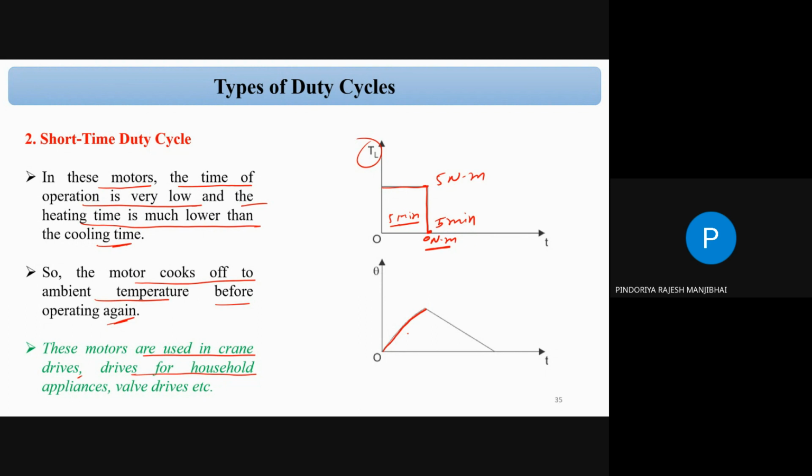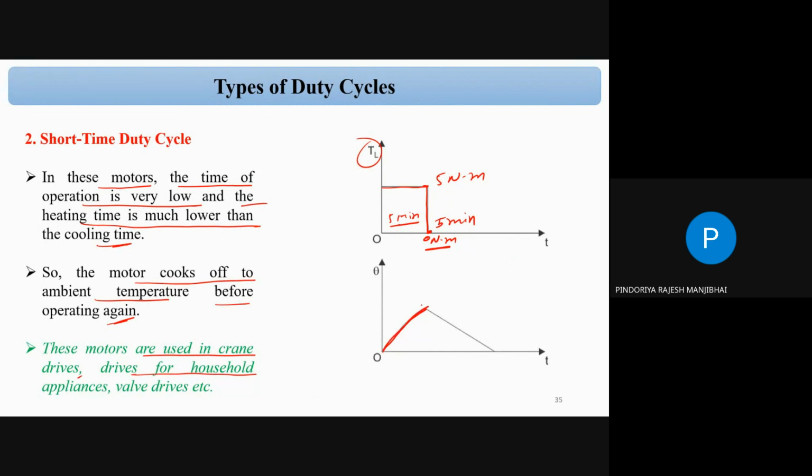Suppose you want to increase the temperature of any material, the temperature increases slowly. It does not increase suddenly for any material. So that's why once you start your motor, it will not suddenly increase the temperature. It will take some time to increase the temperature, correct? So that's why your line is slowly increasing the temperature.